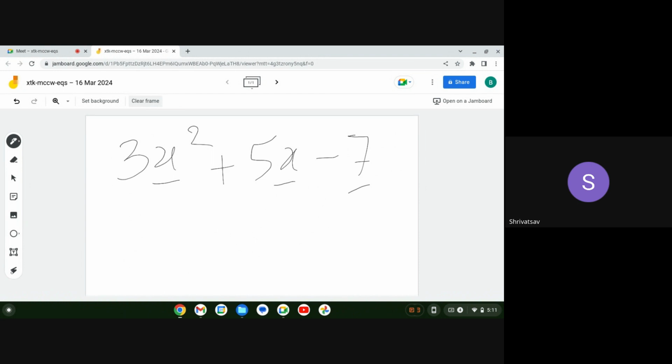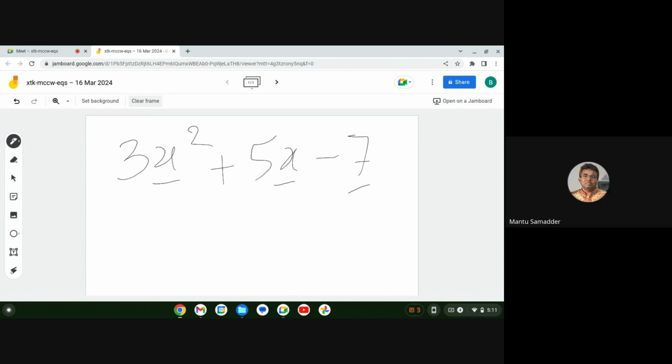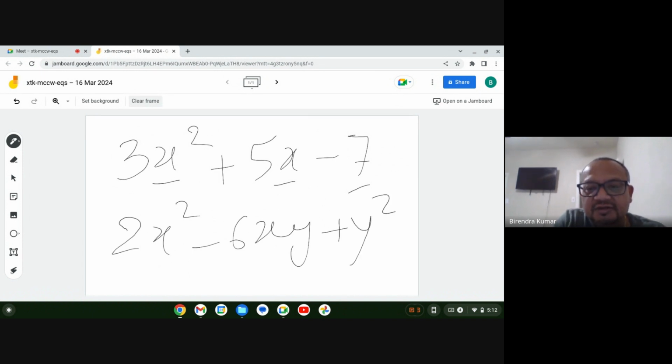You can have expressions with one variable or multiple variables. If you have an expression like 2x squared minus 6xy plus y squared, this is also an expression, but it has two variables, x and y.